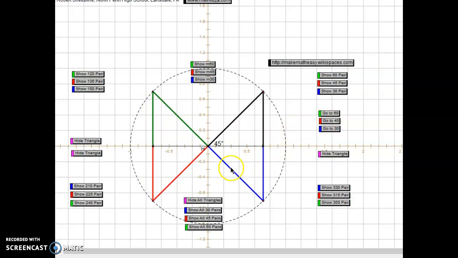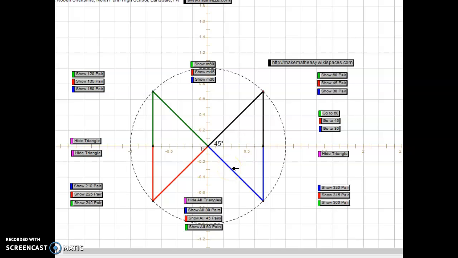Let's go to 45ers. That's the beautiful bow tie, and notice how it splits each quadrant exactly in half. 45 more than 180? Oh, that's 225. 45 less than 360?